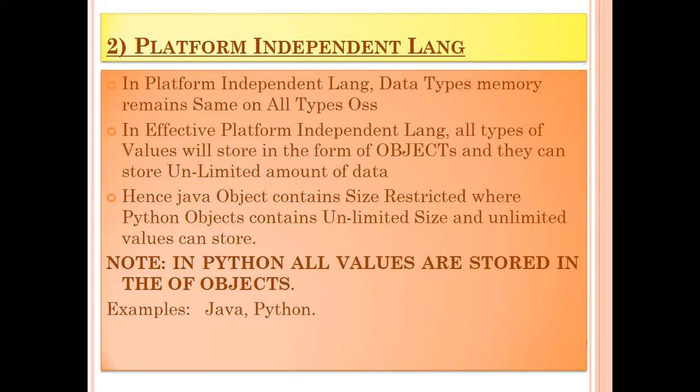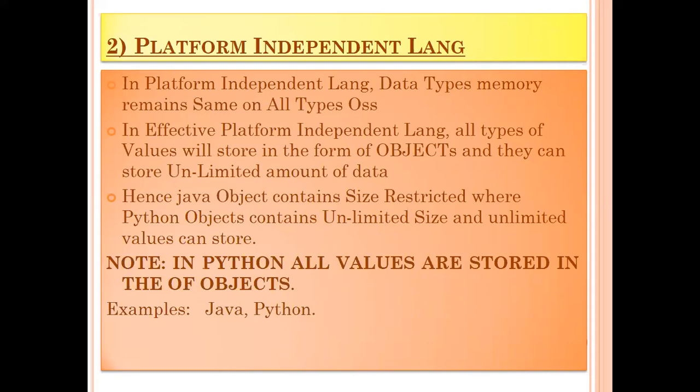It removes the space which was not used. The unused memory space is removed with the help of the garbage collector. It improves the working of Python. So we can store an unlimited amount of data in Python. Everything will be stored in the form of objects.